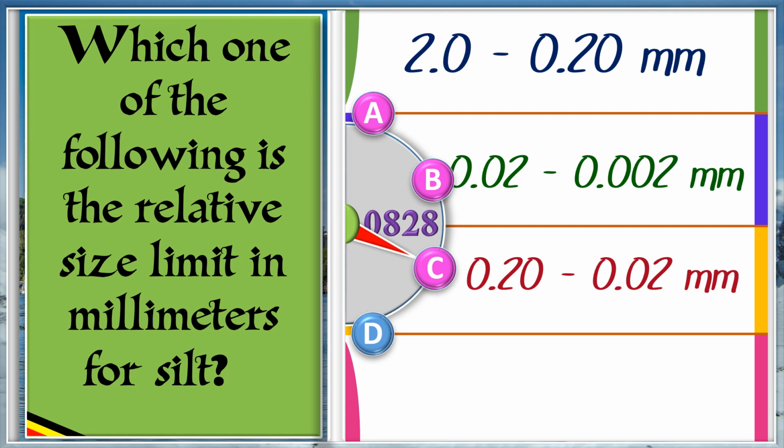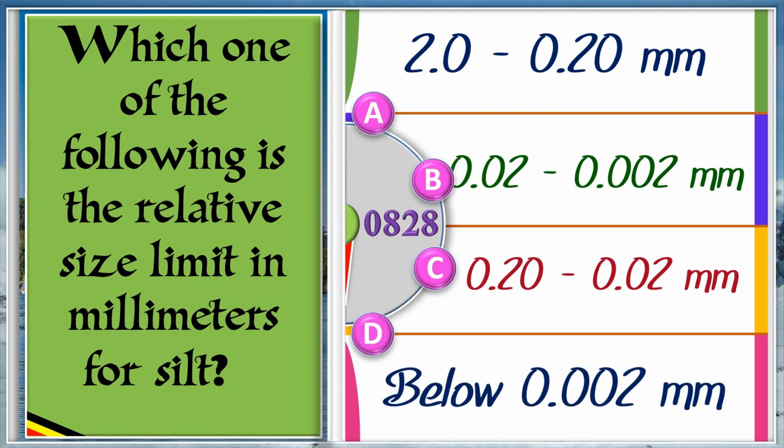C. 0.20 to 0.02 millimeters. D. Below 0.002 millimeters. And the answer is B. 0.02 to 0.002 millimeters.